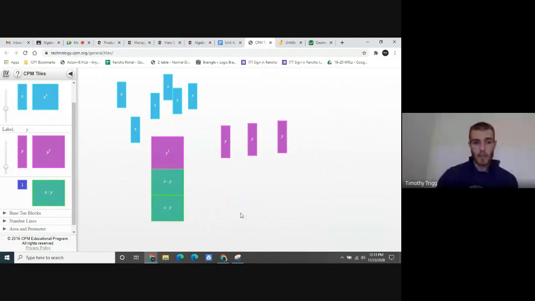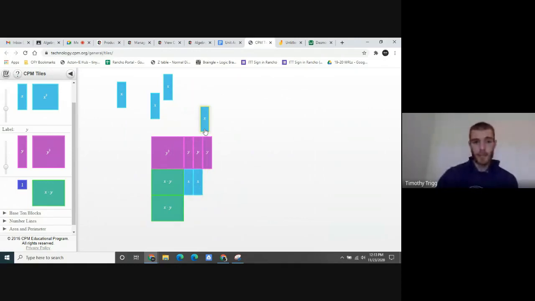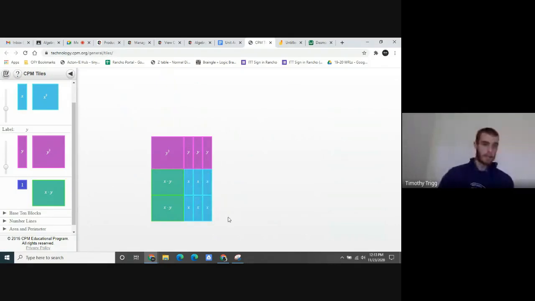So I'm just going to put both these together like that. Now these y's would have to go along the y. Okay, that looks pretty good. Let's see if these x's will fit in here. Yeah, it looks like they will. These 6 x's will fit perfectly to finish off and make this a perfect rectangle, just like that.